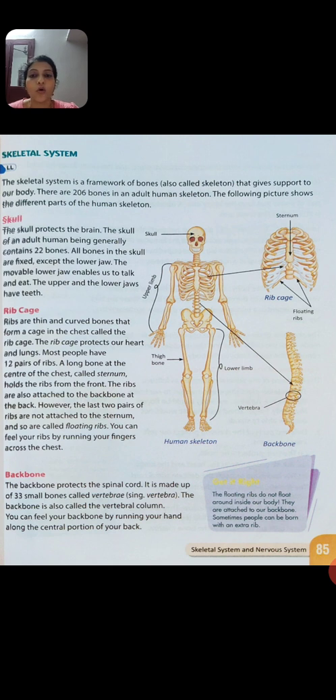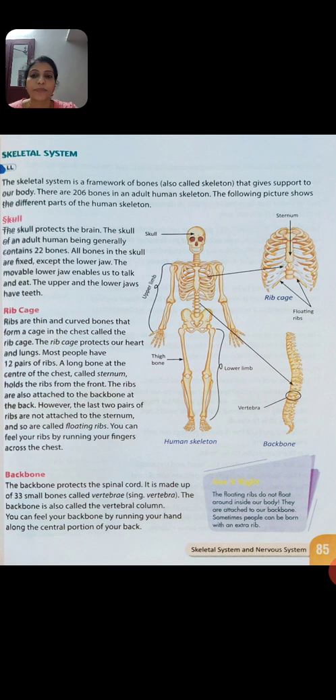The movable lower jaw enables us to talk and eat. The upper and lower jaws have teeth.